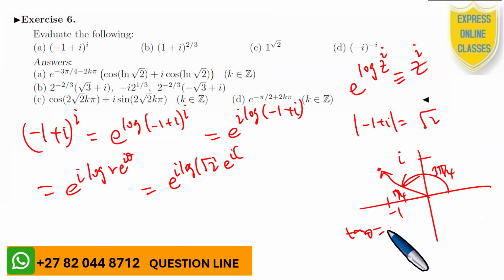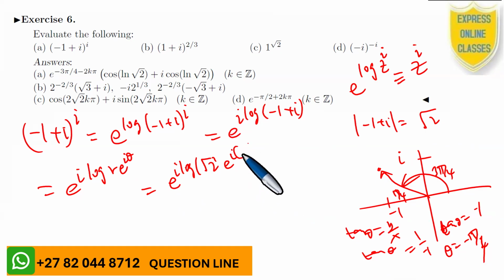Because tan theta is y over x, which is minus 1, so theta is minus π over 4. But this one is 3π over 4 because this is π over 4. So you do 3π over 4 plus 2kπ.